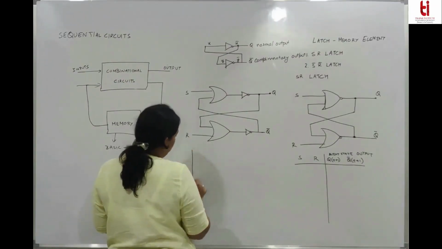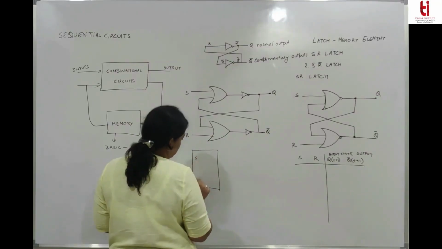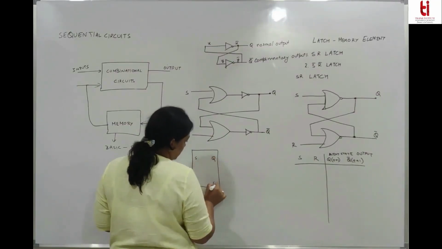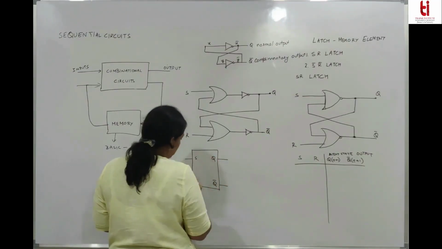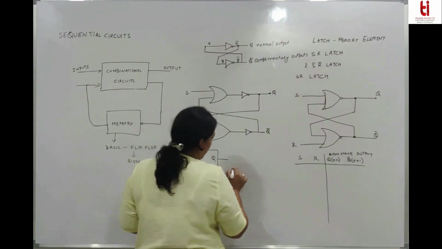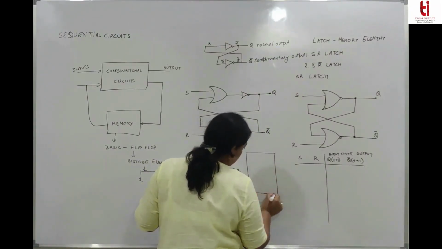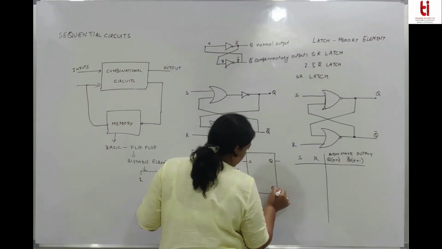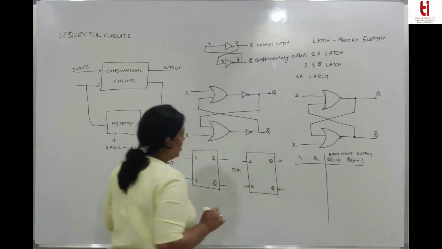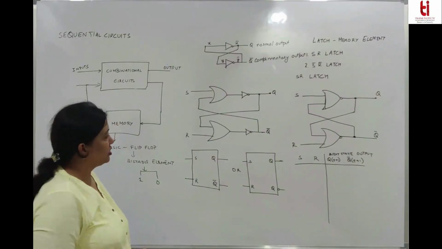The symbol for this will be like this. This is the logic symbol for an SR latch. So what will be the truth table for this latch?